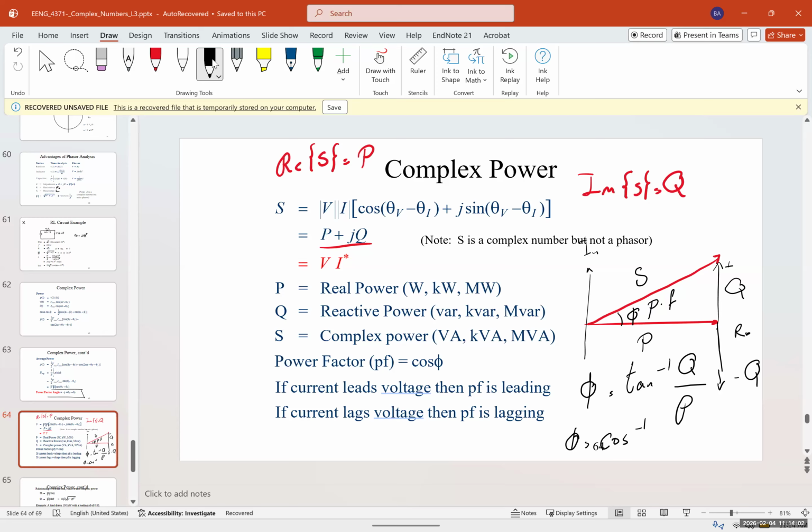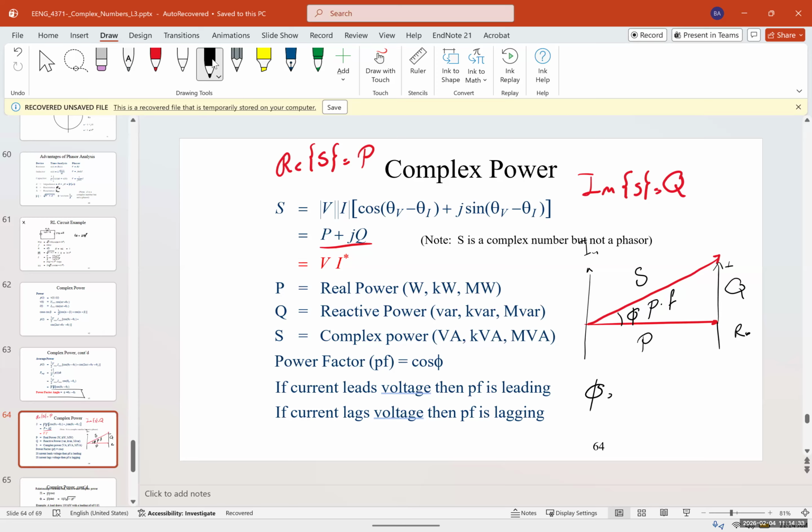Who says it's Q over S? Who thinks it's P over S? This is cosine inverse again. If I want to find phi, I have a triangle. Forget about this part.